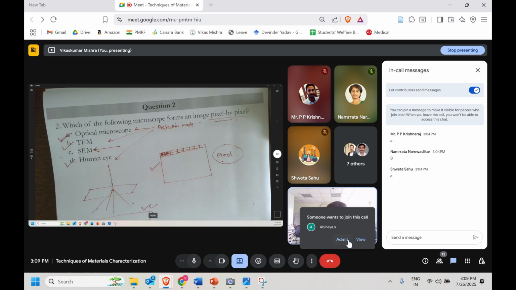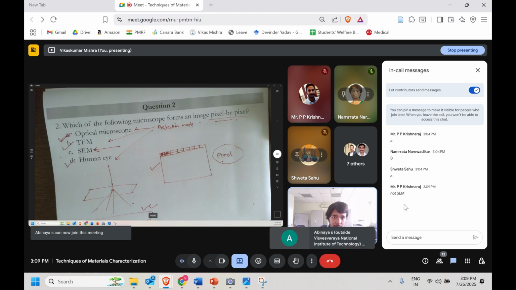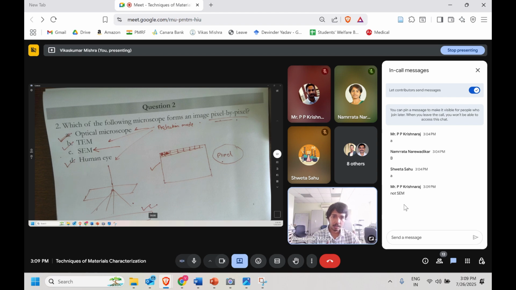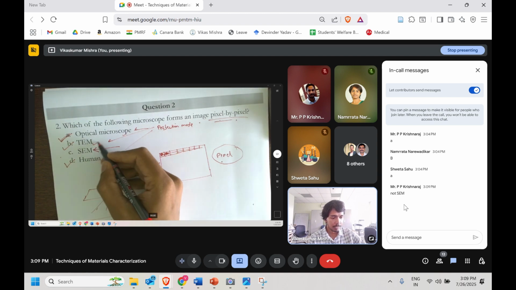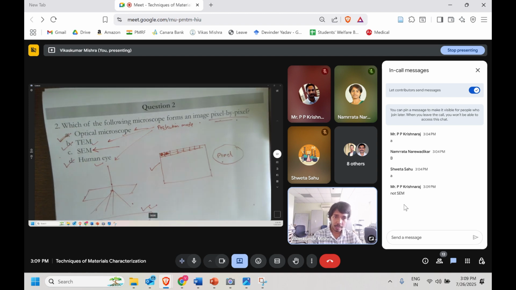What will be the right answer? Not SEM, right? Because the scanning will take a lot of time. In that time, it might be possible that our reaction, the thing which we want to observe, might have passed. So the right option will be optical, TEM or human eye, depending upon the scale at which we want to observe those things.